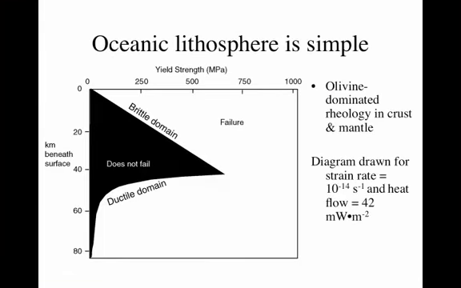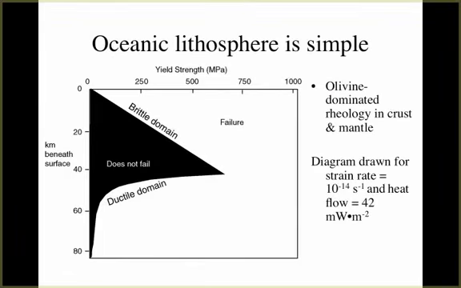Byerlee's law is what gives us this strength profile for oceanic lithosphere, or it could be continental lithosphere, where rocks are strong with increasing depth to a point at which whatever mineral is the strongest in that crust starts to weaken at those temperatures, and then they become weaker.